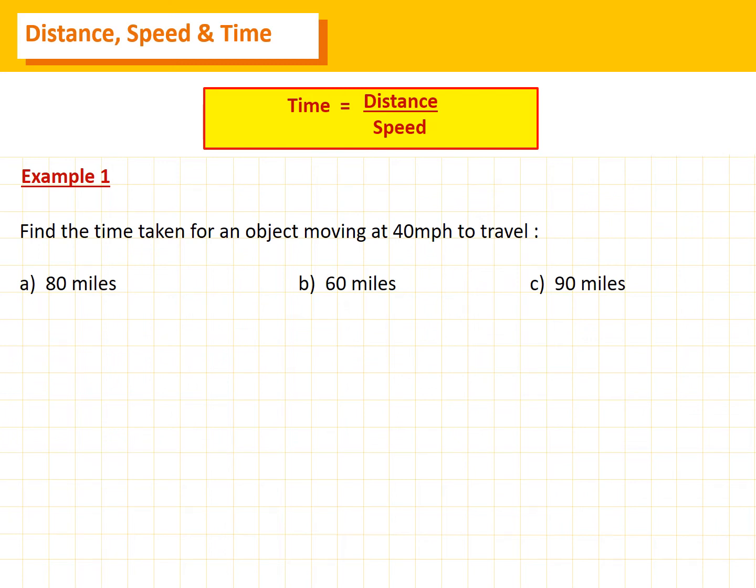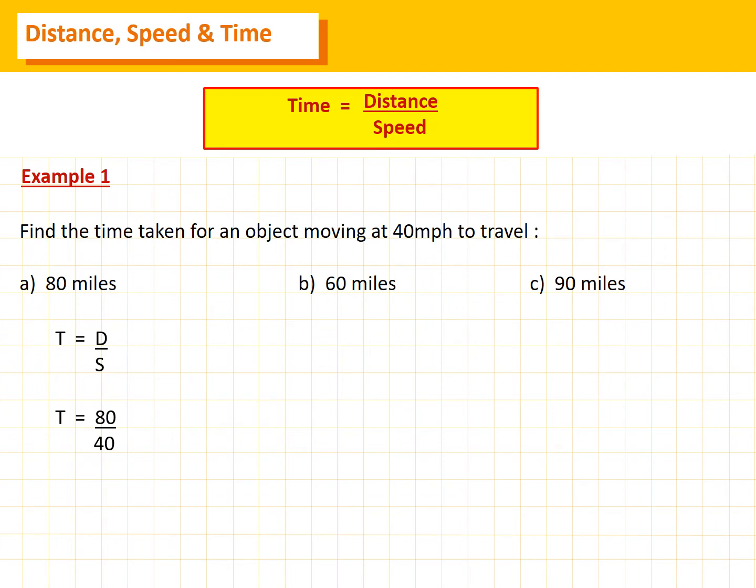In previous examples, I've talked about checking that your units are consistent. In this example, the speed is given to us in miles per hour, and our distances are in miles, so the units are consistent. Therefore, we can simply use time equals distance divided by speed.